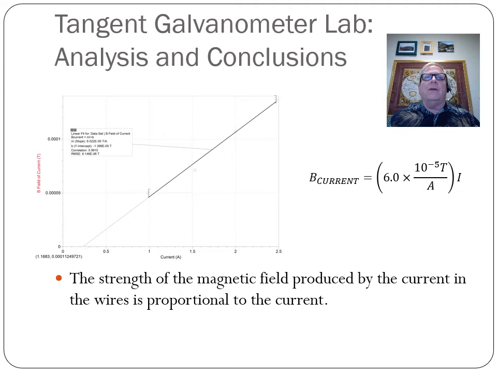And if we ignore the intercept, we get the formula that the magnetic field of the current is equal to 6.0 times 10 to the minus 5 Teslas per ampere times the current. Now, if we ignore that intercept, and it is a somewhat significant intercept, then we could say that the strength of the magnetic field produced by the current in the wire is proportional to the current.